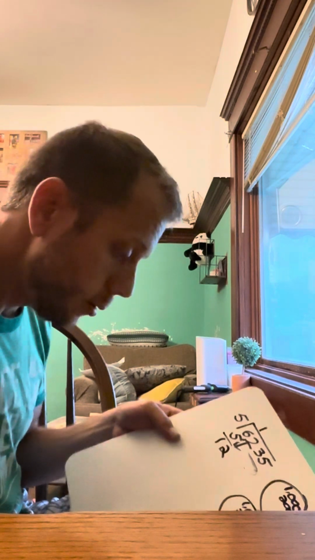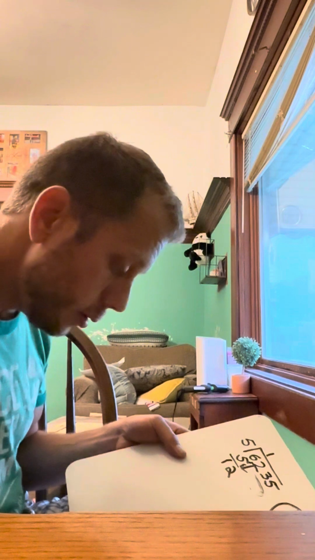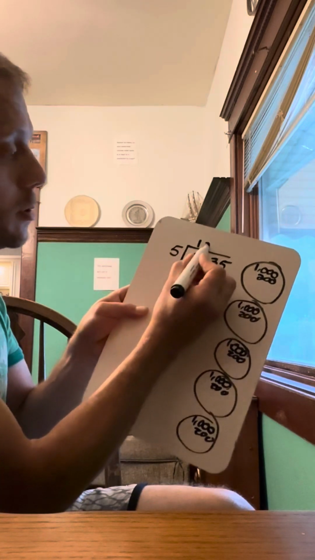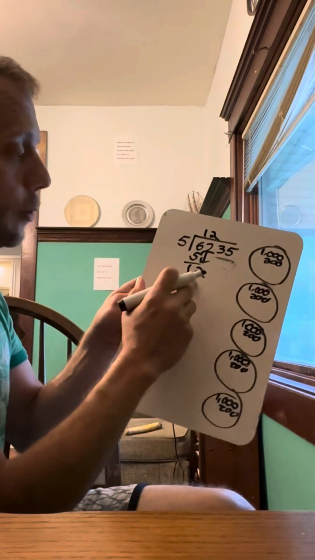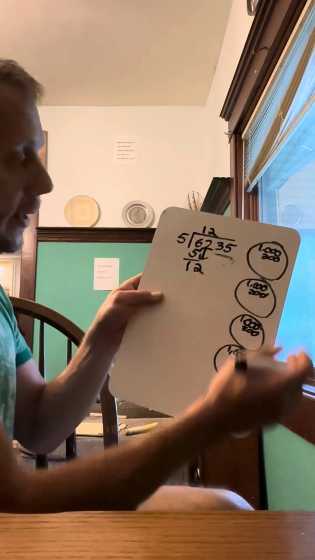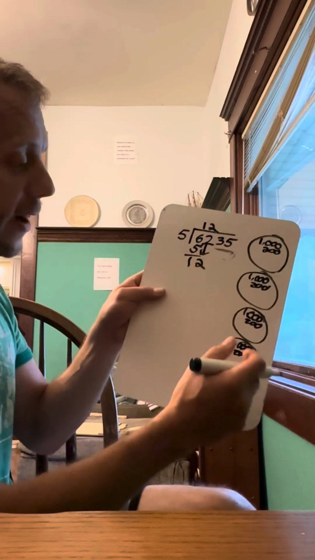So now let's go ahead and do that. 200, 200, 200, 200, and 200. All right, so I write a 2. There's my division part. 5 goes into 12 2 times. All right, and now I've handed out $200 to each of the 5 people.